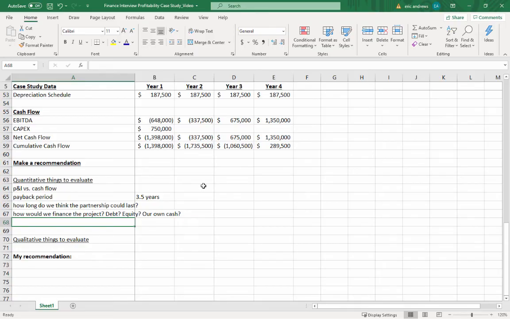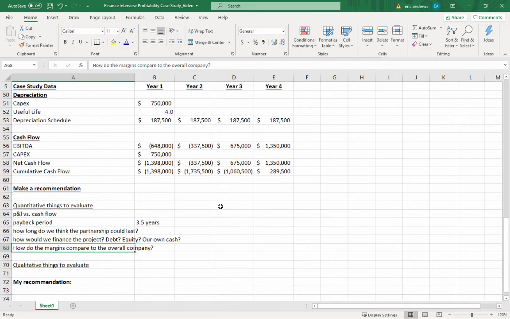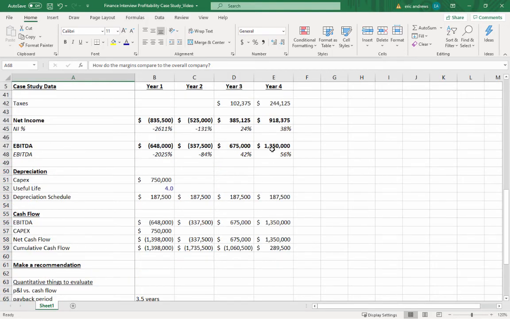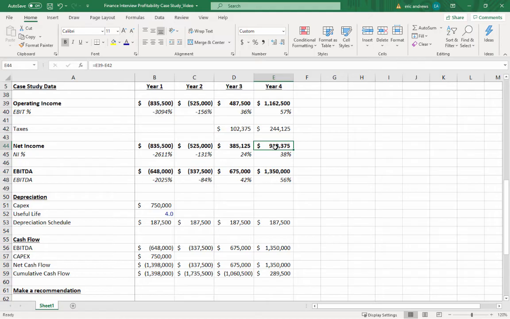And I think the final question would be, how do the margins compare to the overall company? Because there are some businesses where the overall profit margin is really, really high. Let's say our overall net income margin was 50%. A lot of software companies have really high profit margins.